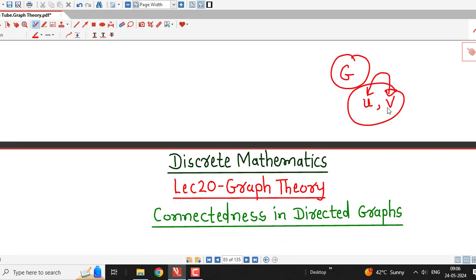That was the definition of connected graph for undirected graph. That is, if we take any two distinct vertices in a given graph, then there is a path between them.